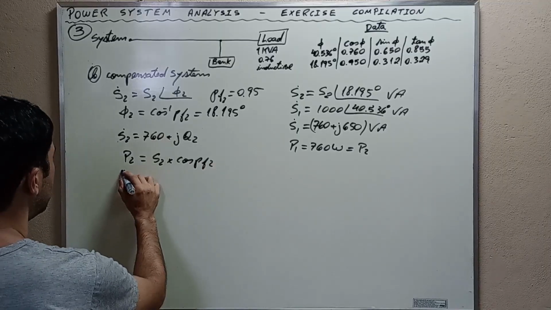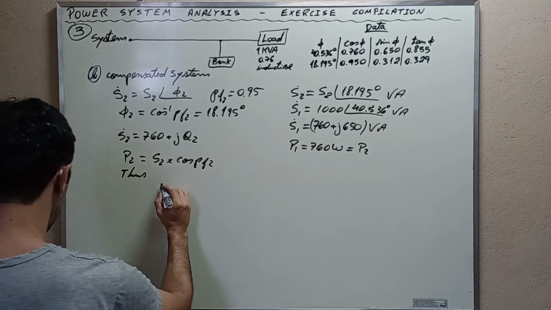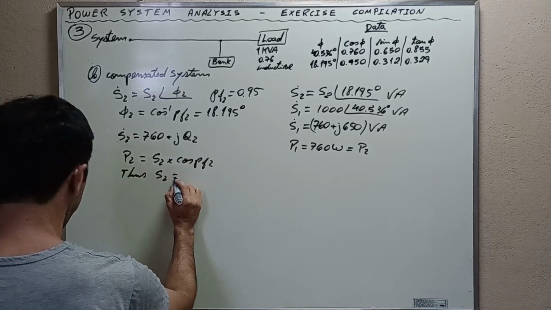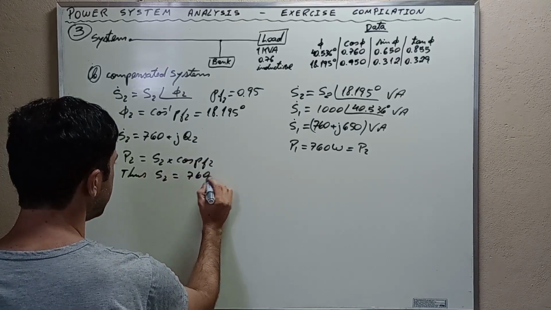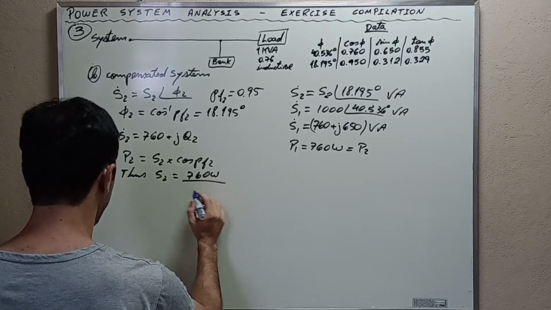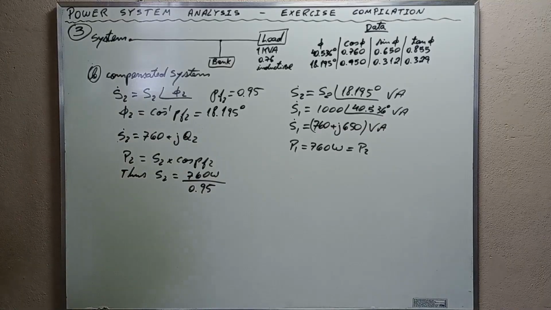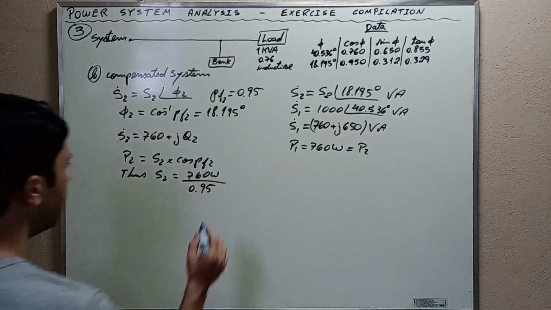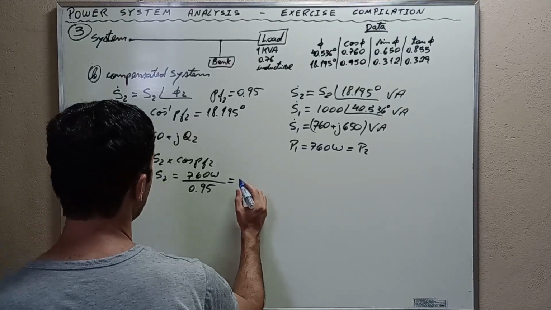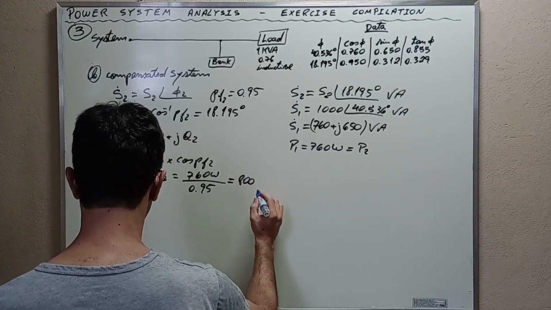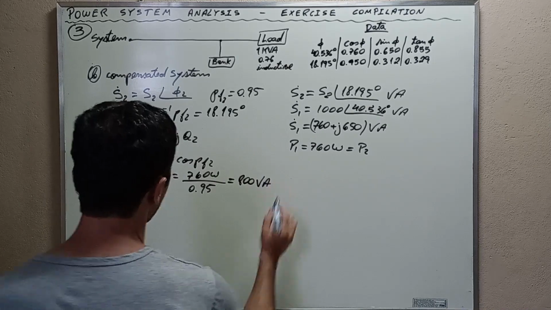Thus S2 is equal to 760 watts divided by the power factor number 2, the power factor of the compensated system. And then we find an apparent power equal to 800 VA. Okay?